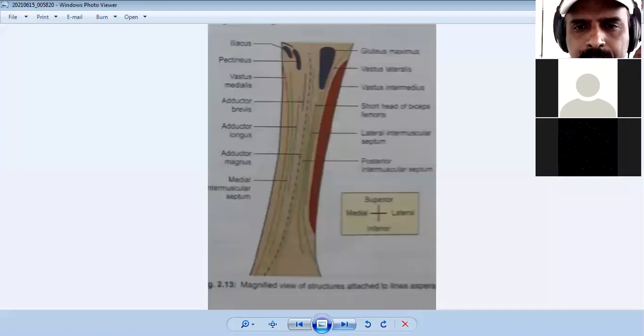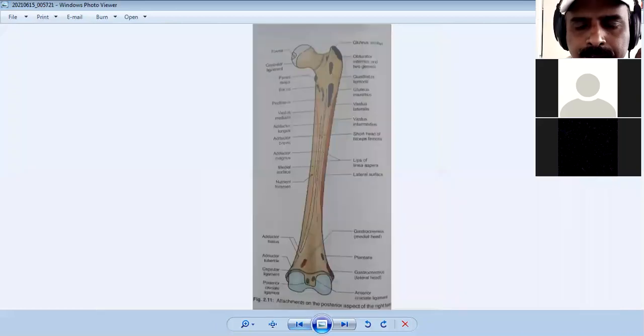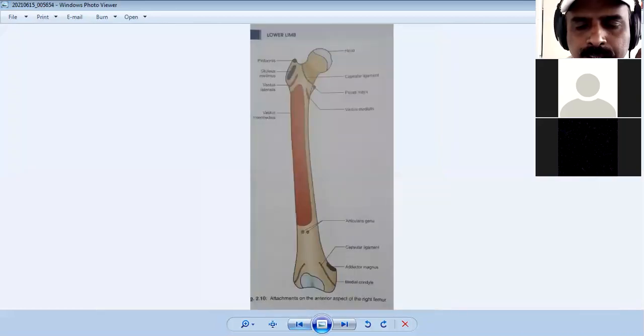So these are the diagrams, which is the upper end. This diagram represents the attachment of the linea aspera. So this diagram you have to understand: medial lip attachments and lateral lip attachments of the linea aspera. So in short, we have covered the muscle attachments and general external features of the femur, and anatomical position, side determination, and introduction of the femur.